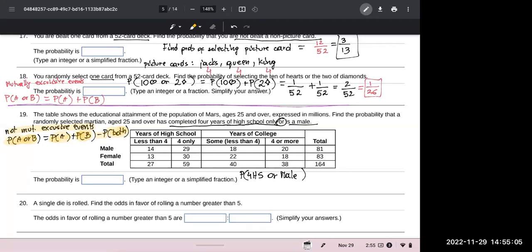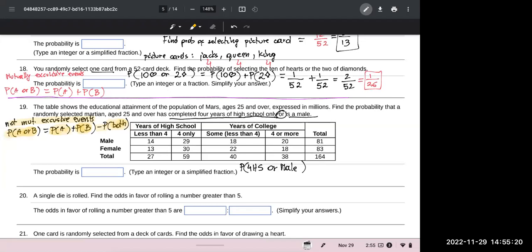So this is not mutually exclusive events because I can have a male who completed 4 years of high school. So like you see, those two events can happen at the same time. That's why I have to use the formula of not mutually exclusive events. So I follow that formula. We're going to calculate the probability that we would choose a person who completed 4 years of high school, plus the probability that we'll select a male, and minus probability of both.